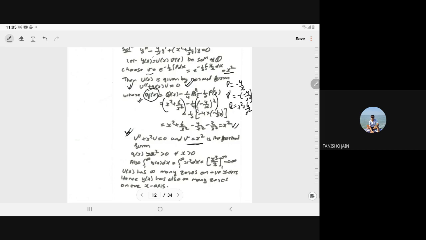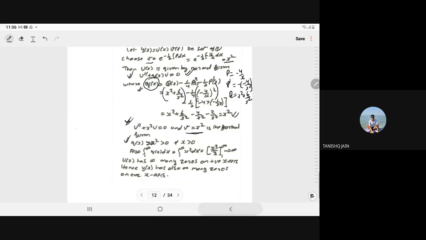By converting any equation to the normal form, we can judge the nature of the solution. How? For that we have theorem C. Theorem C states that if q(x) is greater than 0 and the integral from 1 to infinity of q(x) dx is infinity, then it has infinitely many zeros. Here q(x) is x square, and for positive x, x square is always positive, so x square is greater than 0.